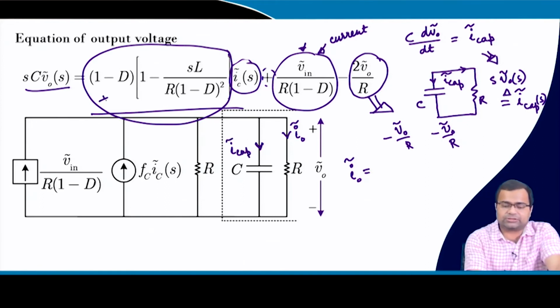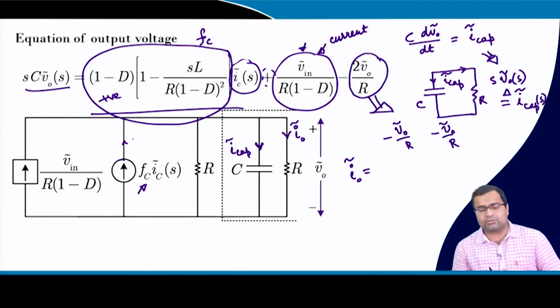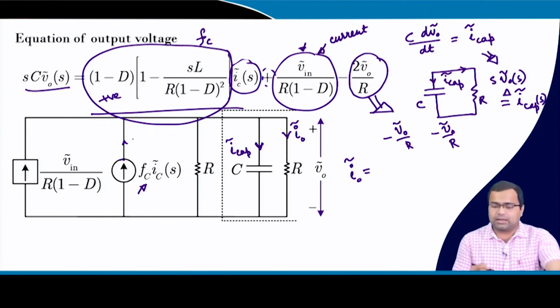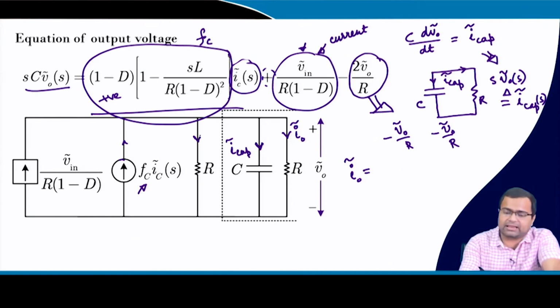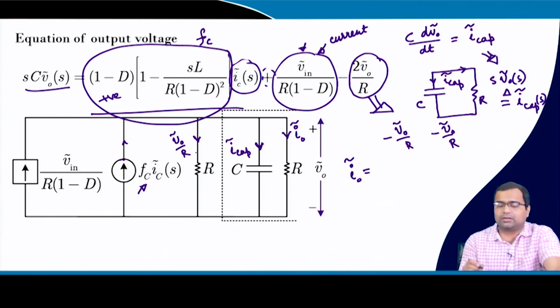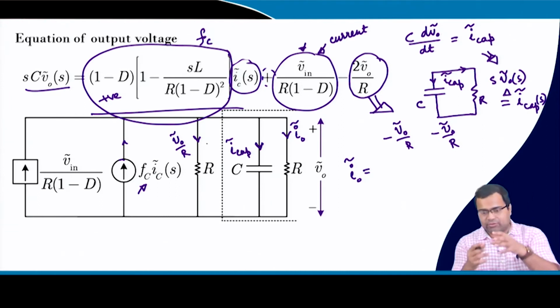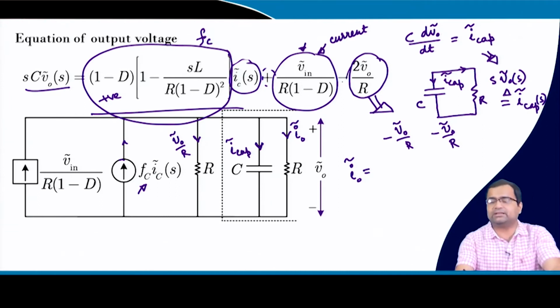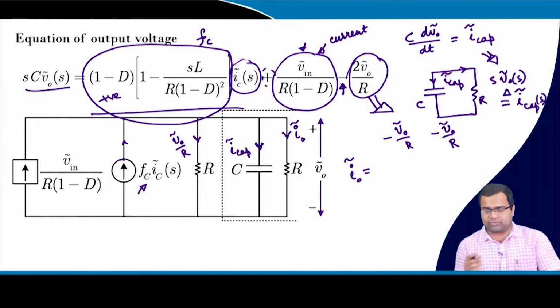Similarly, this is also a positive quantity, and this is replaced by the control current, and this sign is positive. So, it is also added, that means it is contributing to the capacitor current. But these two are the ones which are drawing current, and again the terminal voltage is V_0. So, this quantity will be V_0 by R, okay, and their direction is going out. So, there is a negative sign here, because they are drawing current.